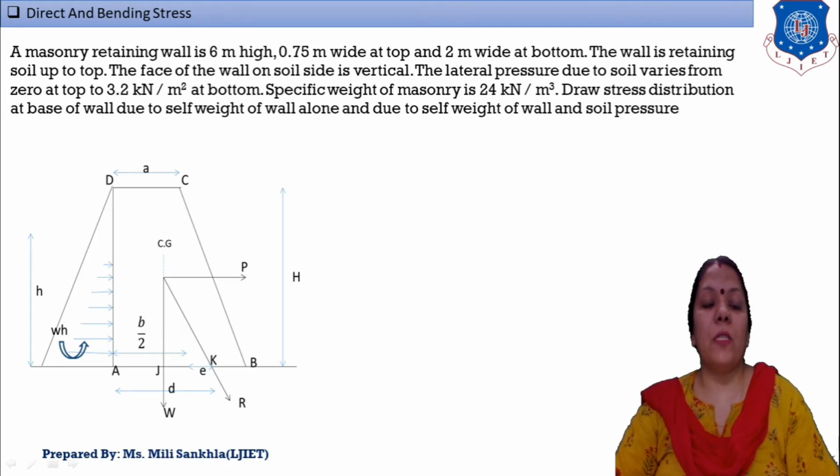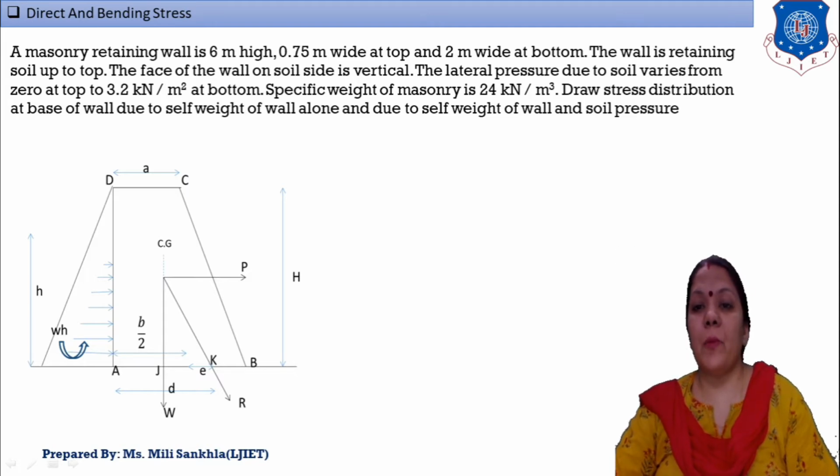Masonry retaining wall, 6 meter high, 0.75 meter width at top, 2 meter width at bottom. The wall is retaining soil up to the top, that means capital H is equal to small h. The face of the wall on the soil side is vertical.